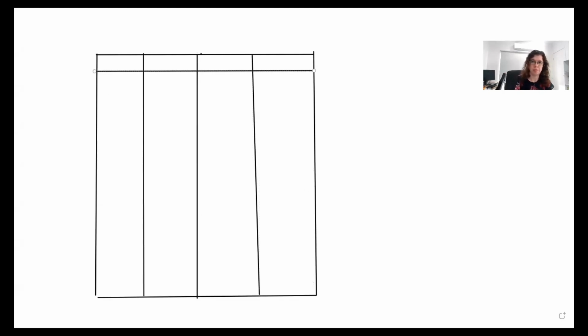So in these columns, we have the number, we have the place value, we check if the number is greater than or equal to the place value, and then we have the result bit here. So let's see how this all works.